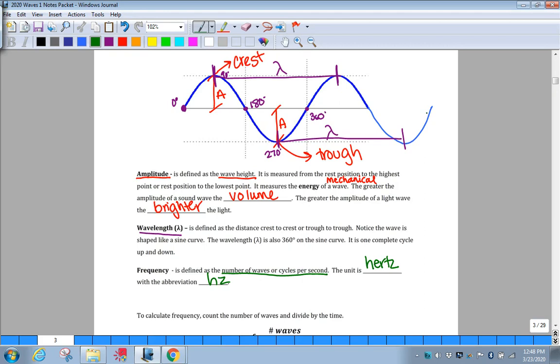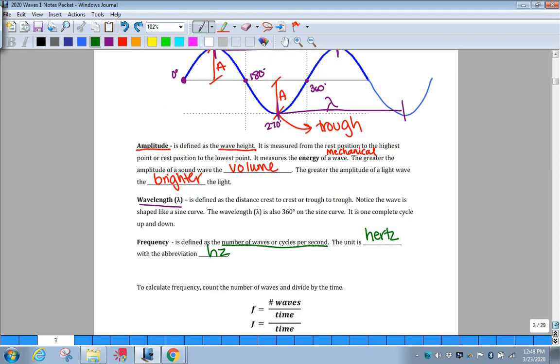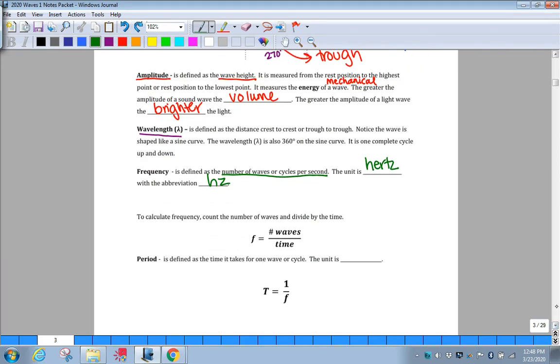And if you look at our original wave, I'm going to delete the little part that I drew in. How many full cycles do we have? So we have one, and then we have a half. So as far as the number of waves or cycles, that would just be 1.5. Okay, and then if we were given a time period, you would divide by the time.